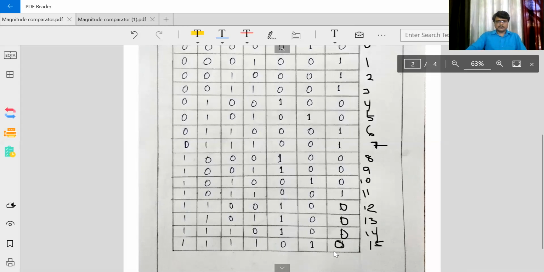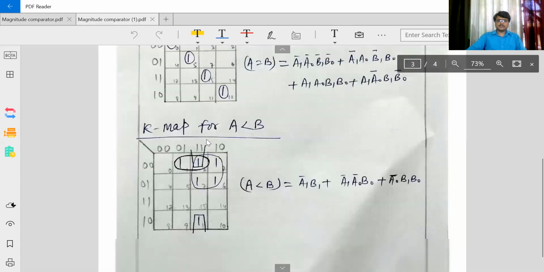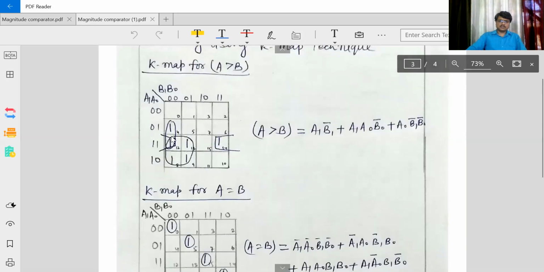So I have made this one. There is a quad and there is a dual and there is a dual. So three possibilities are there. For this quad, the common variable from this side is A1, and the common variable from this side is B1 bar.